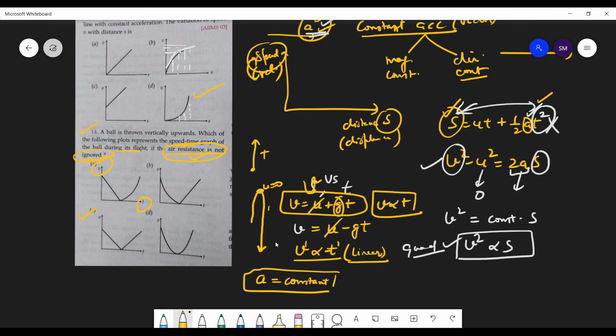Beta, my question is, will there be net force or not? There is downward force. When it is going up, there is air resistance. Its speed will go to 0 earlier. That is the only thing that will happen. Now, if there is no air resistance, it will go that much high. If there is air resistance, it will go that much high only, and then it will come down.